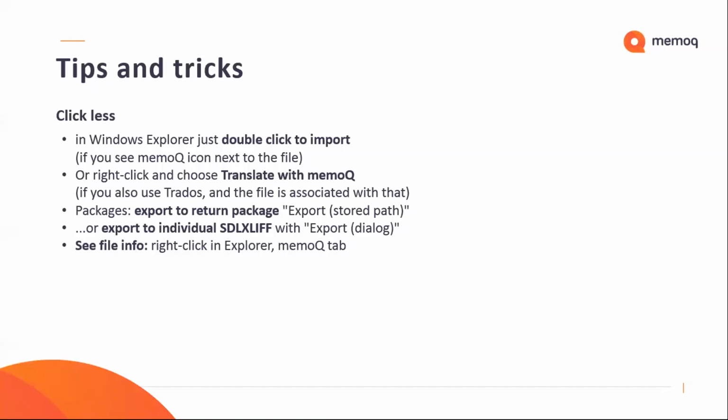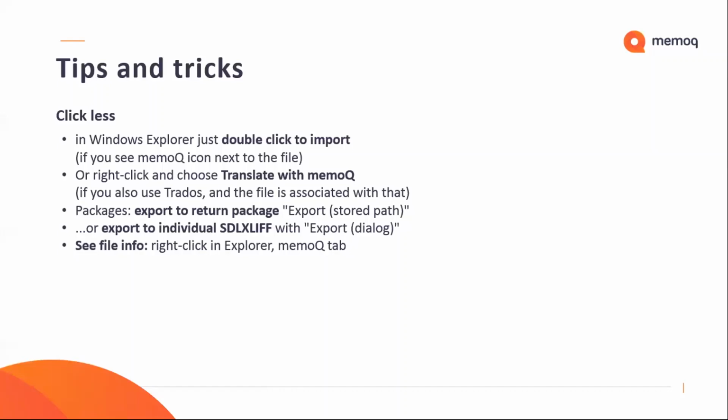There is a tricky thing: there are two export commands in memoQ. One is called export stored path and the other is called export dialog. What you need to remember is that if you want to create the return package, you will need to use export stored path.